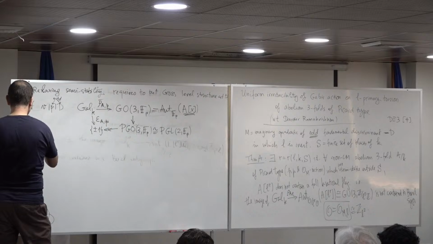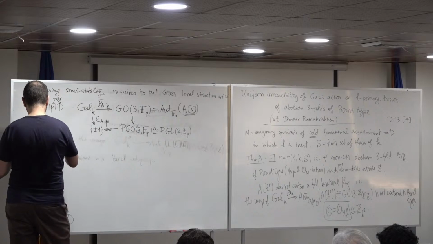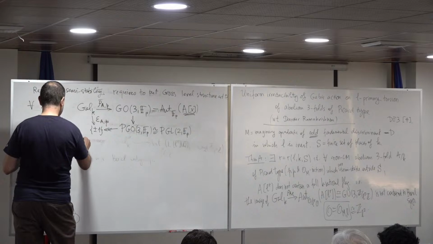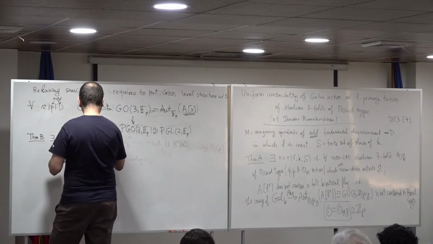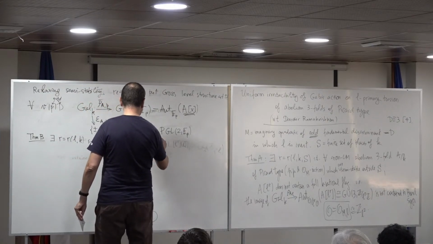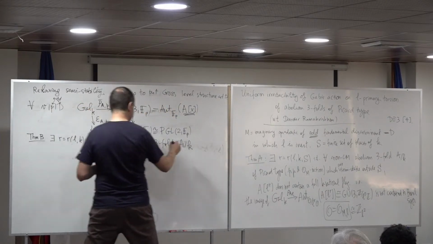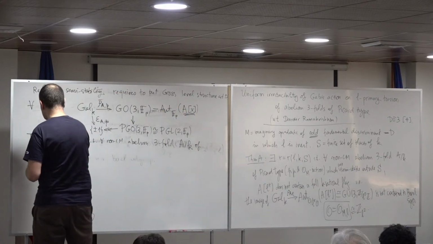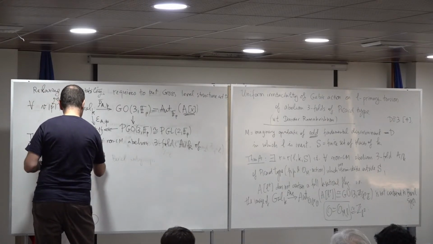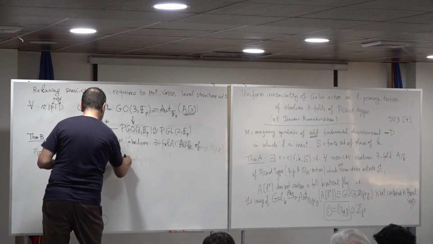And so here is theorem B, which basically allows us to remove this semistability. So there exists R this time, which only depends, like in Manin's theorem, on L and K, such that for all non-CM abelian threefold A over K of Picard type, such that if you consider epsilon A D, which is the product of those epsilon A p, so there is only one condition.